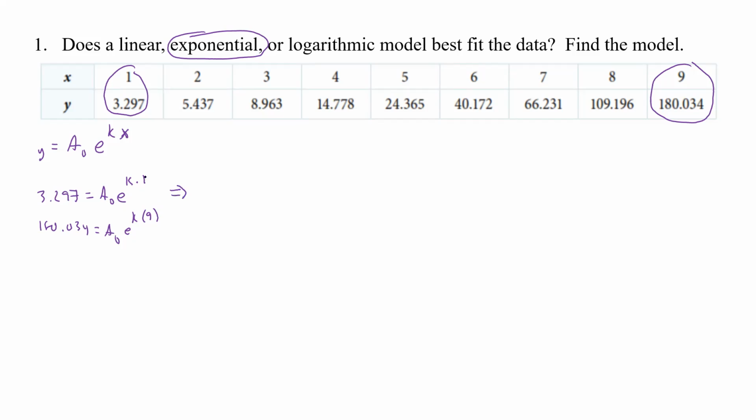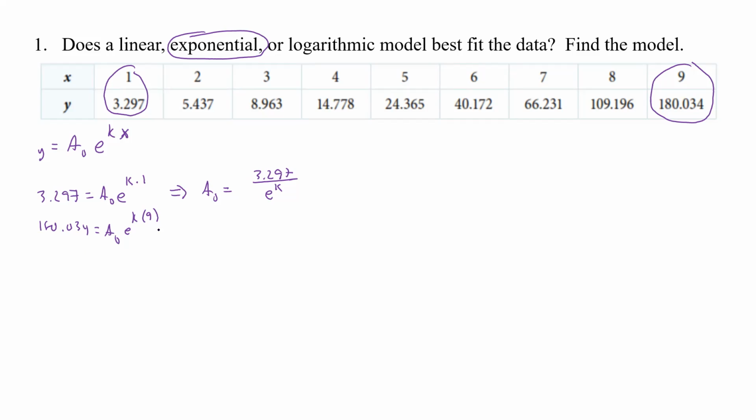I'm using this one because the exponent is just k times 1, so it's simpler. So a naught equals, dividing by e to the k, 3.297 over e to the k. Could I have done it with the other one? Sure, I could have said a naught is equal to 180.034 over e to the 9k. It doesn't matter which way we do it.